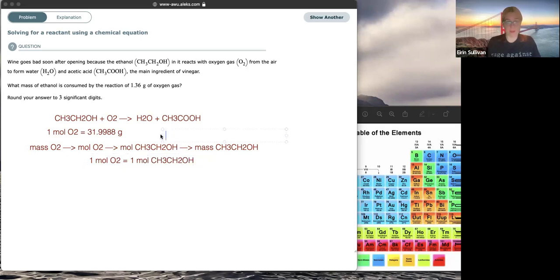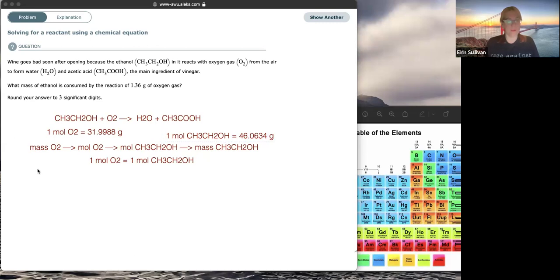And then the molar mass of that ethanol, 1 mole CH3CH2OH is, right, carbons, there's 2 of them, so 2 times 12.011 plus, need parentheses, 6 times 1.007 for the hydrogen, and then we've got 1 oxygen, so plus 15.9994 gives me a molar mass of 46.0634 grams.